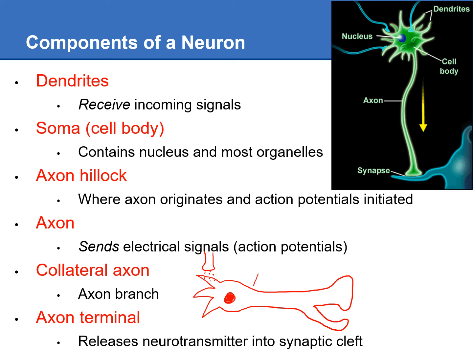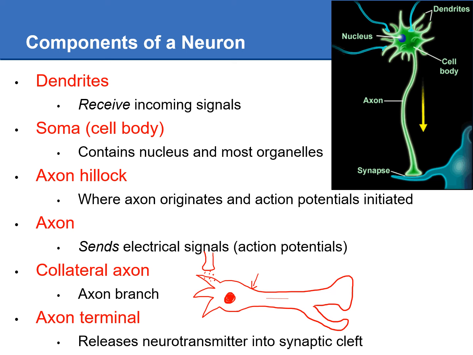The axon hillock is just the beginning of the axon. The axon is just the long, skinny area right here. So the axon hillock is just the start of the axon, and the axon hillock is actually where the action potential starts. So that's a really important part of the axon.